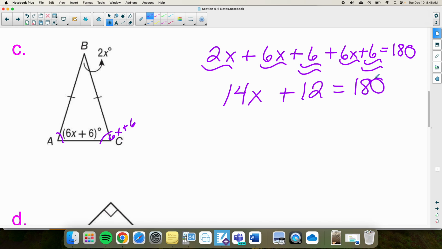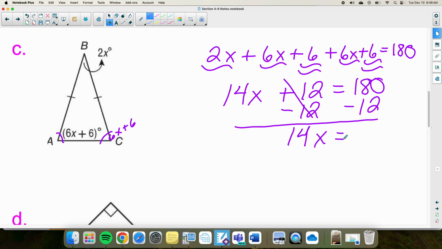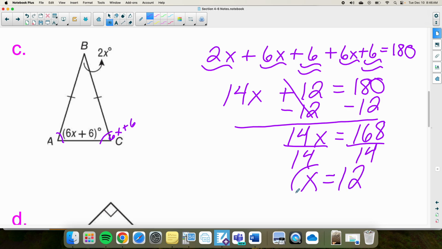Then I would subtract 12, and I would get 14x equals 168. Then I would divide by 14, and I would get x equals 12, I believe. Okay? All right.